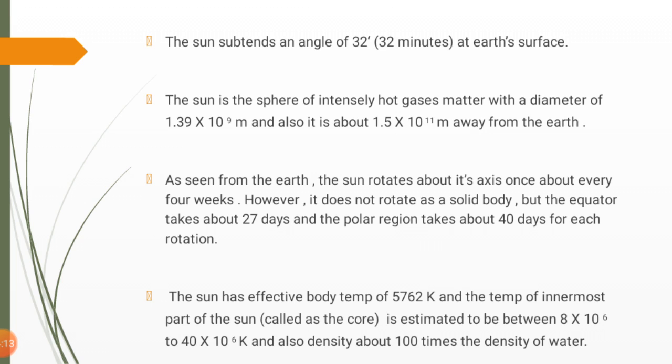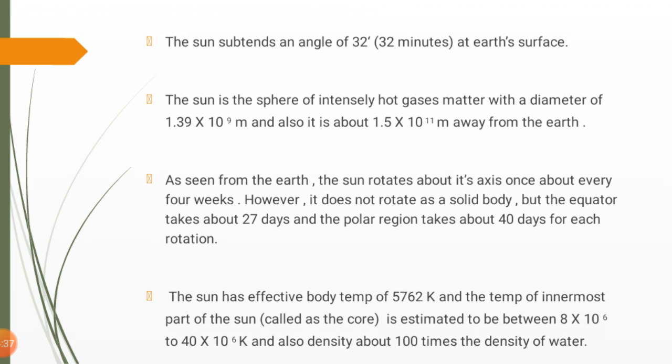We know that the temperature of the sun's core, that is the innermost part of the sun, is very large, between 14 and 18 times 10 to the power 6 Kelvin. But the average temperature on the sun's surface is 5762 Kelvin.